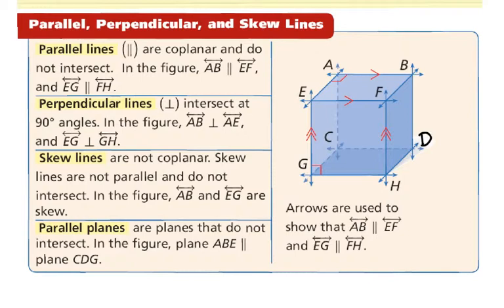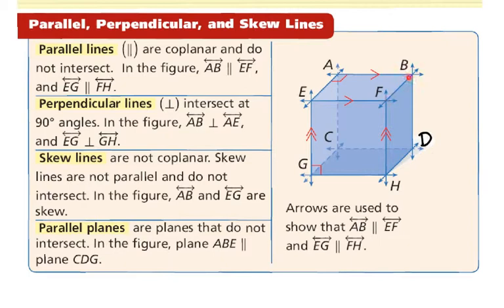But anyway, in this figure right here, an example is AB and EG. So AB here and EG right here. See how these two lines right here are not in the same plane.